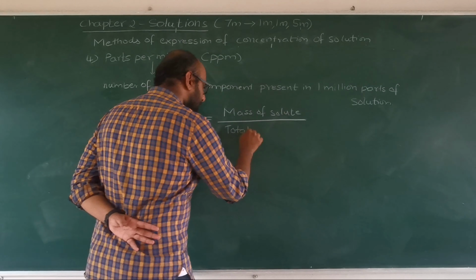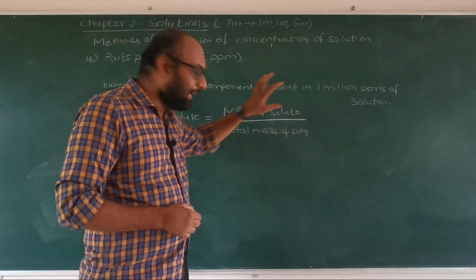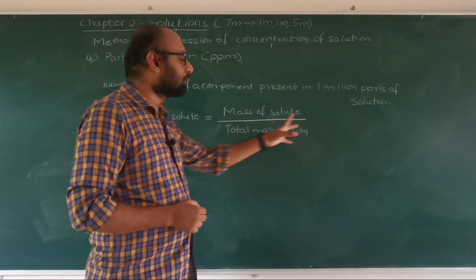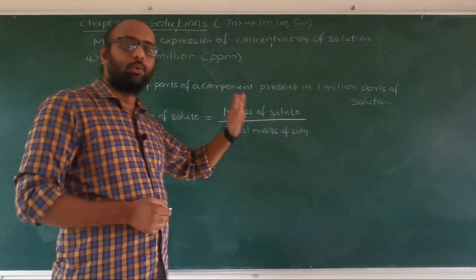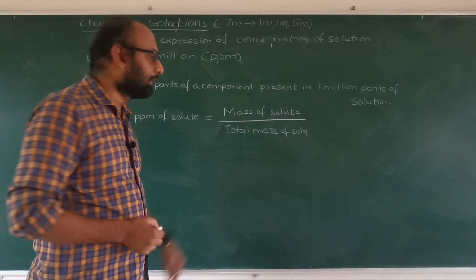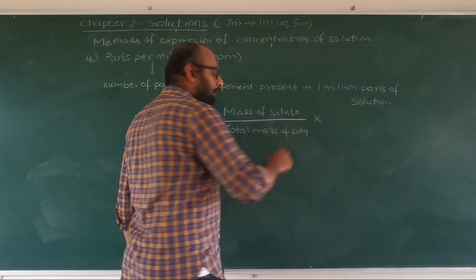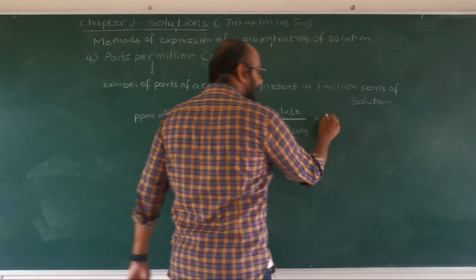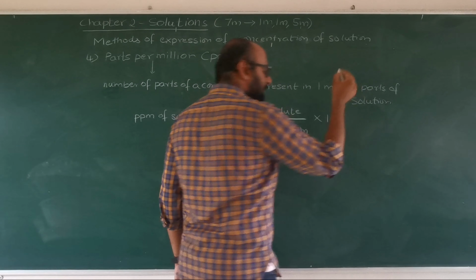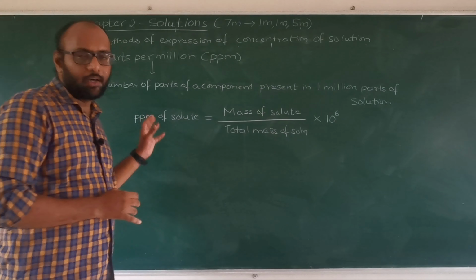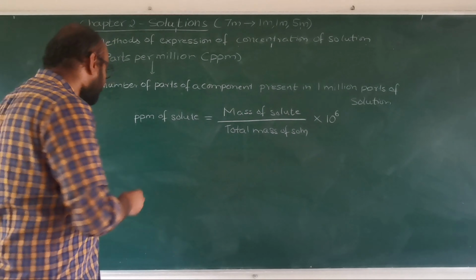Okay, the ppm of solute is given by mass of solute in total mass of solution. You know what is total mass of solution? Mass of solute plus mass of solvent multiplied by, here you are expressing in terms of million here. Million means 10 lakh, 10 raised to 6. So this is the formula for the calculation of parts per million, ppm.